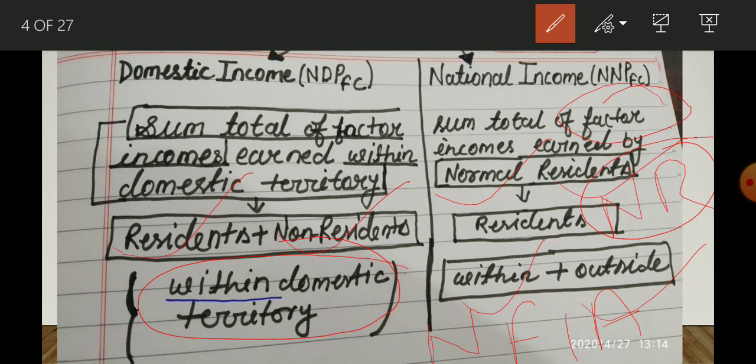But when we talk about national income, we only include the income of normal residents, and all the foreigners who come to India and do productive activity here, their earning we will exclude. We will include the income of all Indians who are earning within the country as well as outside the country. And how do we convert domestic income into national income? With the help of NFIA.